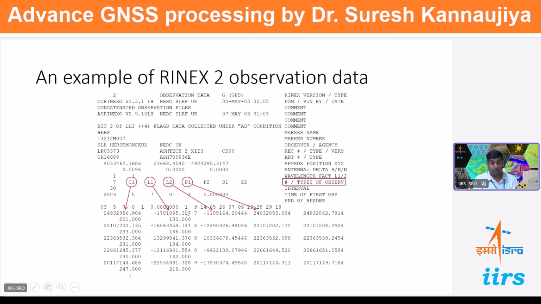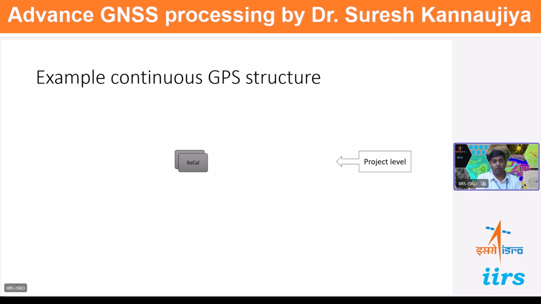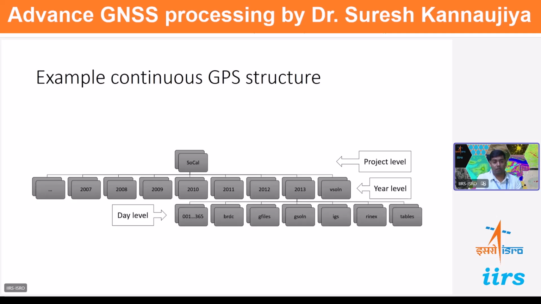So this is the raw data in RINEX format. Here we can see C1, L1, L2, P1, P2, S1, S2. You can see how it is acquired at a 15-second interval or 1-second sampling interval. This is the header information, and this is how the raw data looks, for different PRNs.